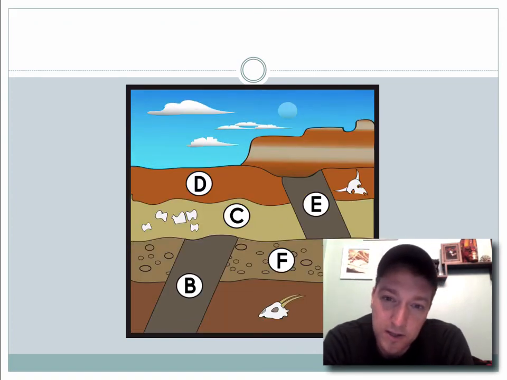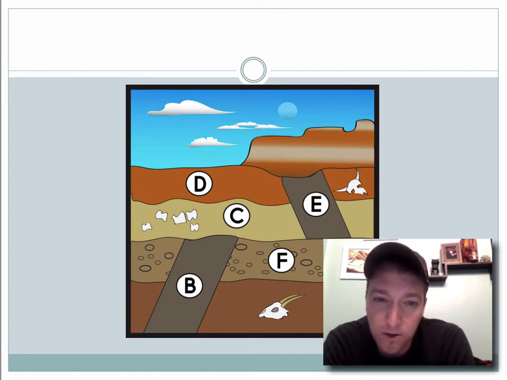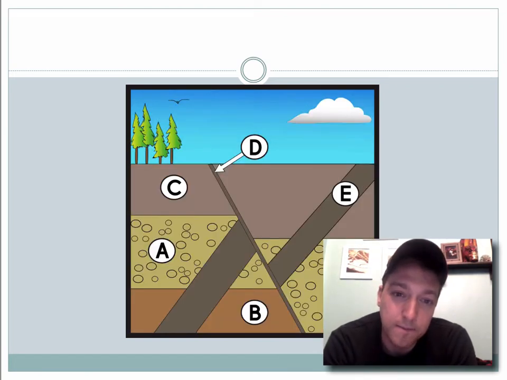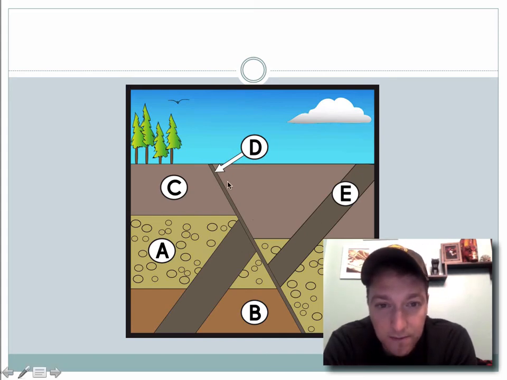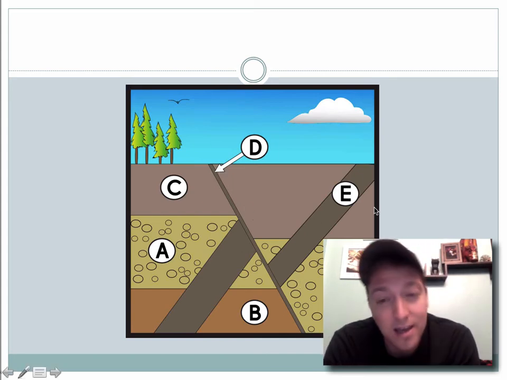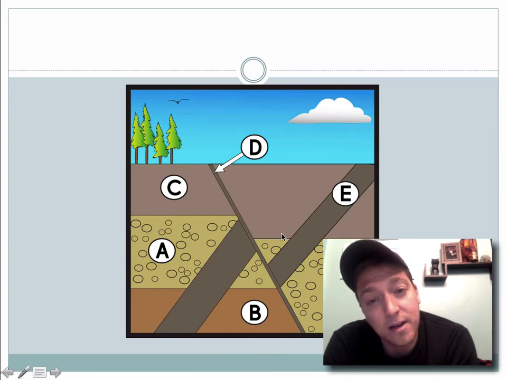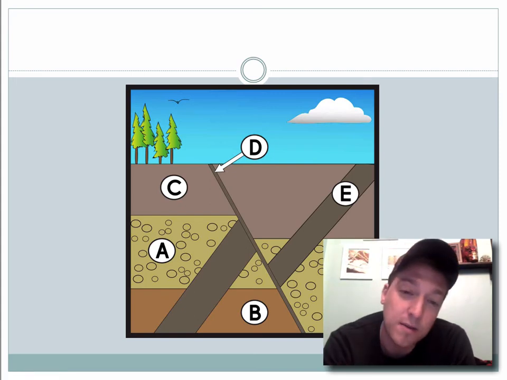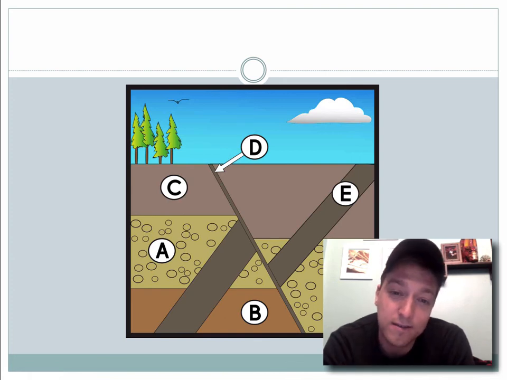For this one's hard. We have two layers going through, so layer E goes through C and D, layer B goes through F and A, so see if you can figure that out. This puzzle has a fault line or crack D and a rock layer coming up through other rock layers E. You can tell that D happened more recently than E because D cracked E. I think D is the most recent event.